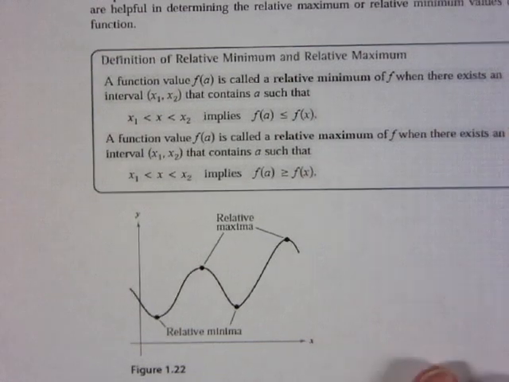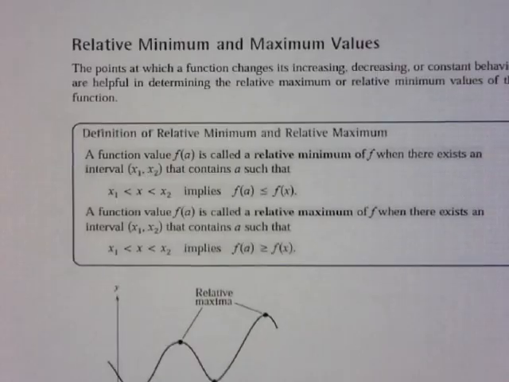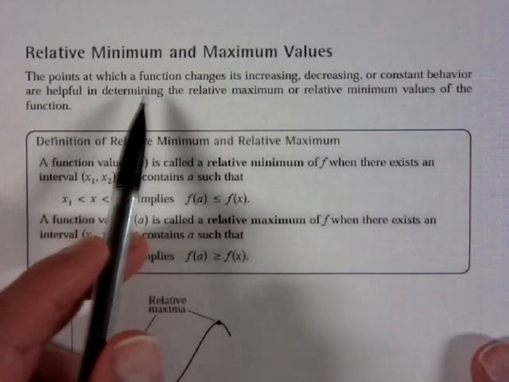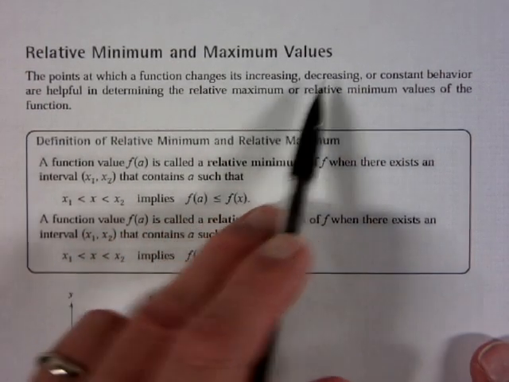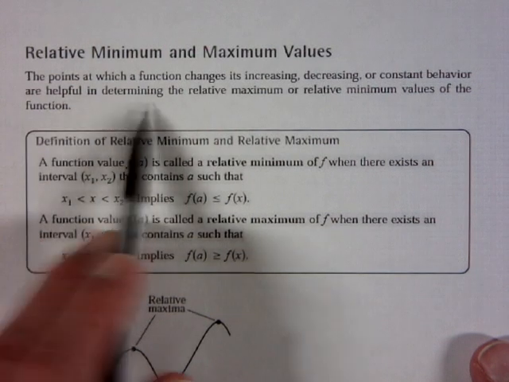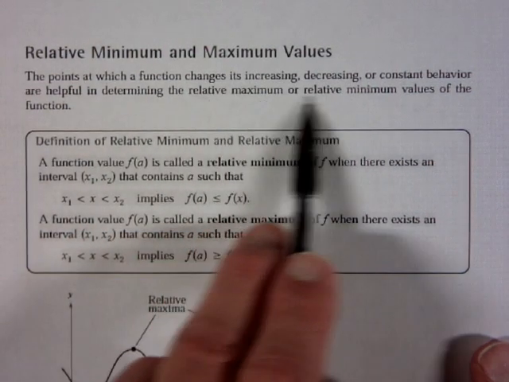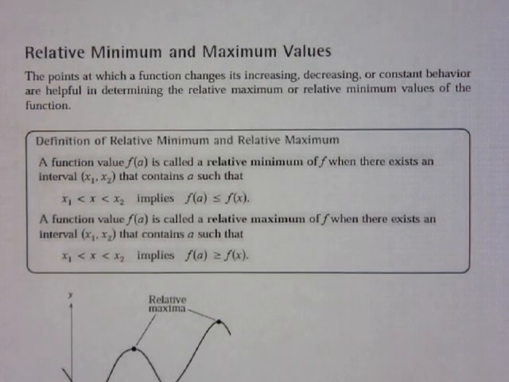And here's the other. Okay, so the next thing we're going to talk about is relative minimum and maximum values. And so the point at which the function changes its increasing, decreasing, or constant behavior, those are the points that will help you determine the relative minimum or the relative maximum values of the function.